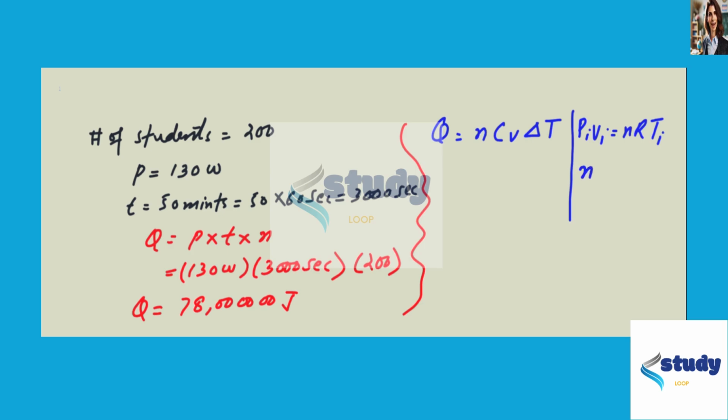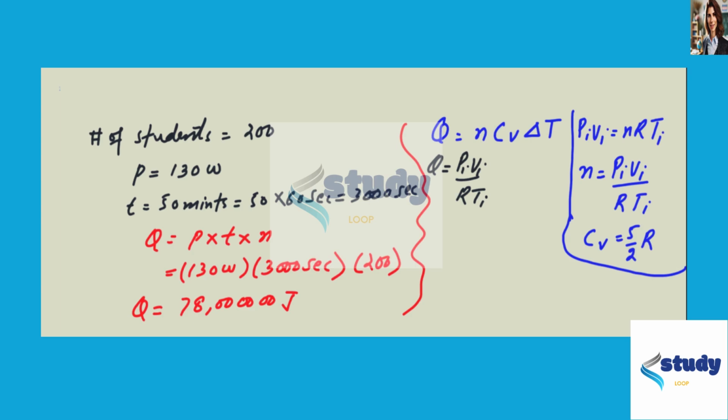We can write n equal to Pi Vi upon RTi. So, and here Cv, that is equal to 5 upon 2 R. Now by putting the value of n and Cv in the relation for Q, so this will give us Q equal to, here n is Pi Vi upon R into Ti, and Cv is given in the problem, which is 5 upon 2 R into delta T. So here R and R will be cancelled.